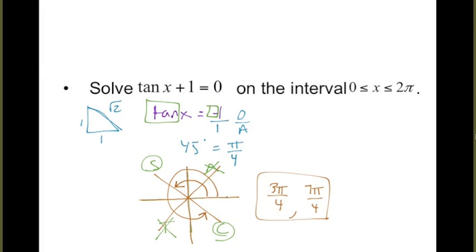I want it to be the same every time, so just know that when you check your answers in the back, you might have more answers than what it looks like they have. That's because they might have combined some answers together, and instead of adding 2 pi, maybe they only added pi, or maybe only pi halves, or something like that. So sometimes they combine answers together in a way that we're not doing. So be aware of that.